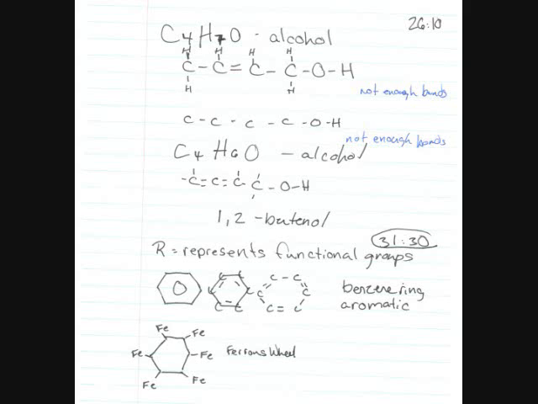So for instance, if I gave you the molecular formula and said that it is an alcohol, and asked you to write the structure, you know right away we've got 4 carbons.